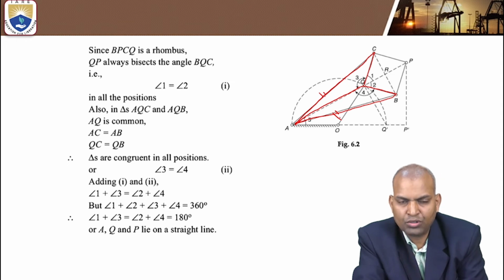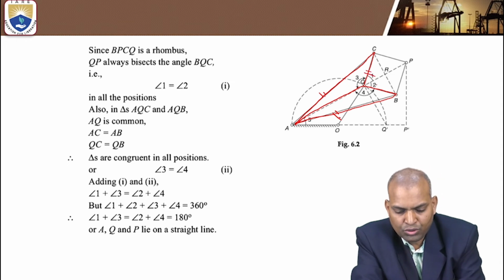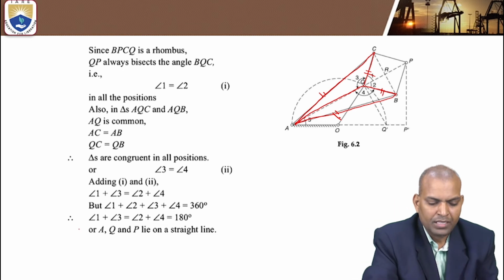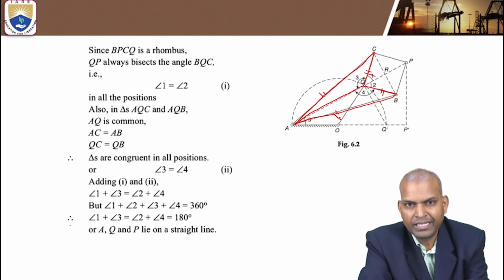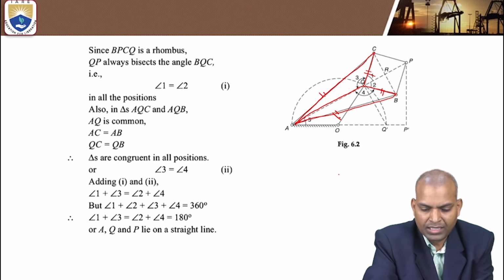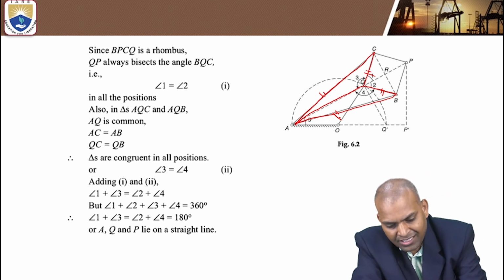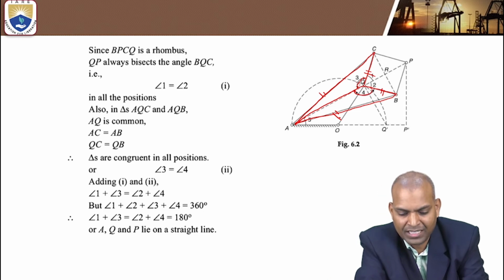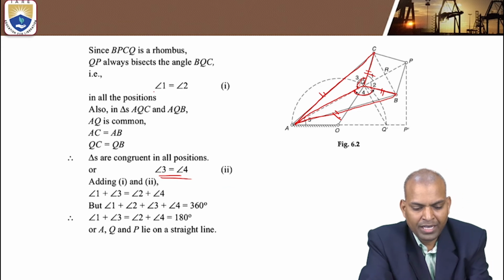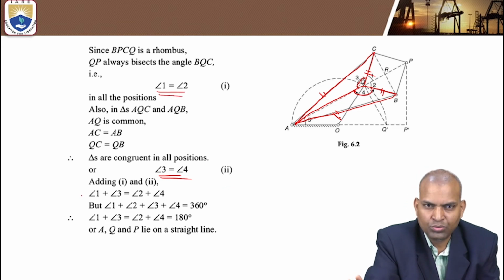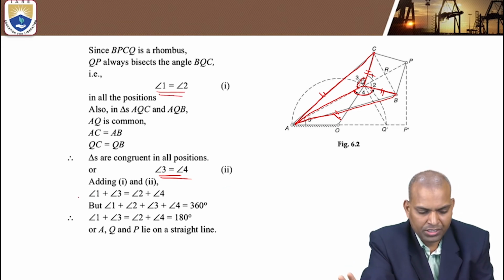Next, if AC is equal to AB, then QC is equal to QB. So these triangles are congruent in all positions. Then this side angle is the same as this portion angle, that is, angle 3 equals angle 4. For a rhombus, angle 1 equals angle 2 for all positions.